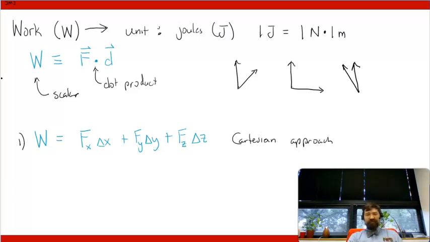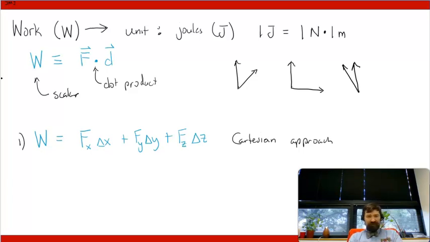The way that it becomes a scalar in the Cartesian approach is that you have first component of force, first component of displacement, and you multiply them together. You have second component of force, second component of displacement, you multiply them together. Third component of force, third component of displacement, you multiply them together. And then you add those three products together. So you end up with one single number at the end.